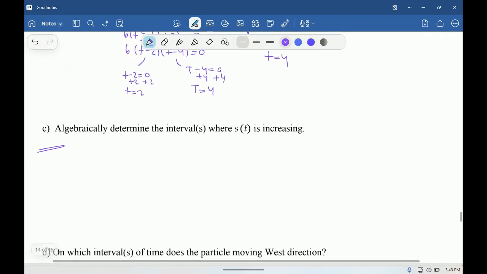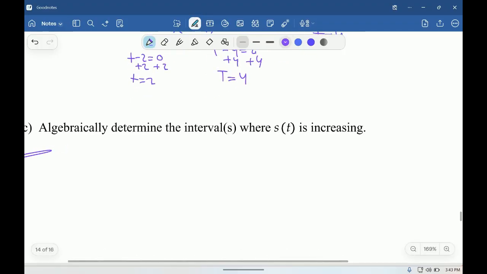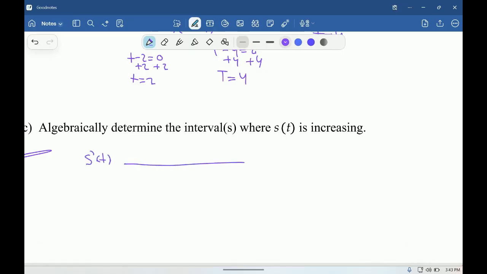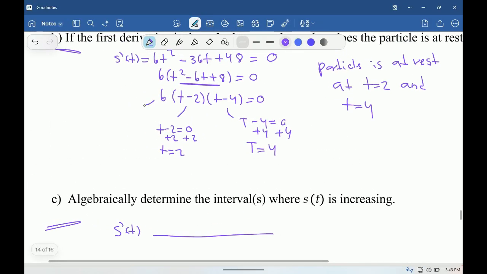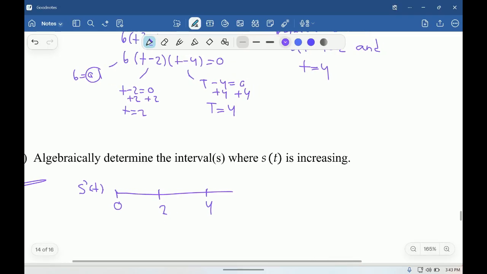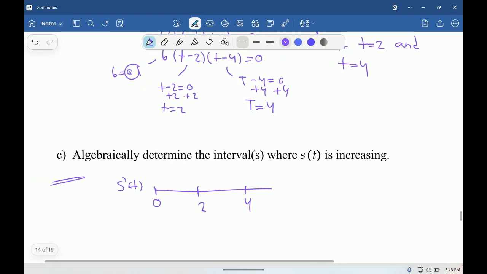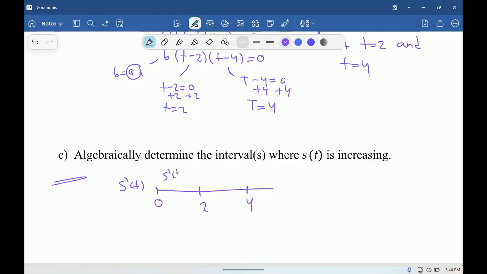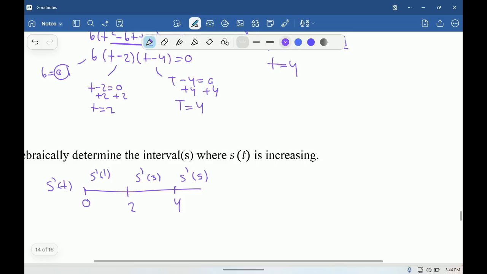Now we need to determine which intervals of s of t are increasing, and to do this we're going to need a number line. Let's draw one out. We're also going to remember that 6(t minus 2)(t minus 4) equals 0, so we're going to put our 0 here, and our 2 and 4 right over here. And we're going to want to find intervals to test: 1, 3, and 5.